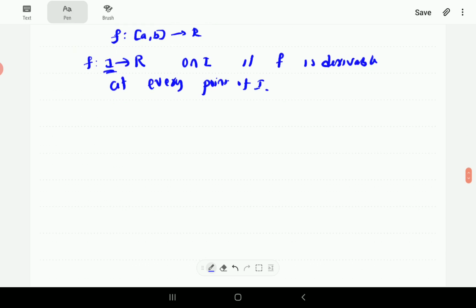Now let us try to understand one particular property which is very important: how do we connect derivability and continuity.